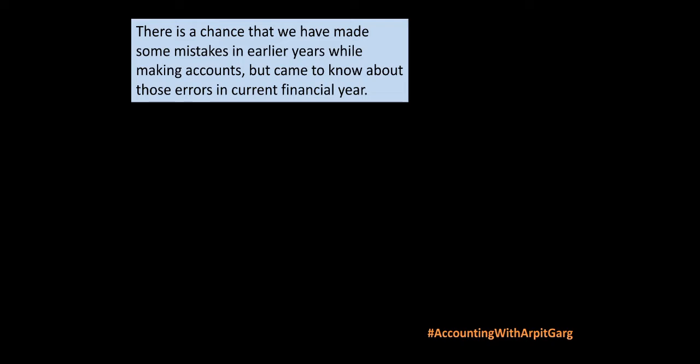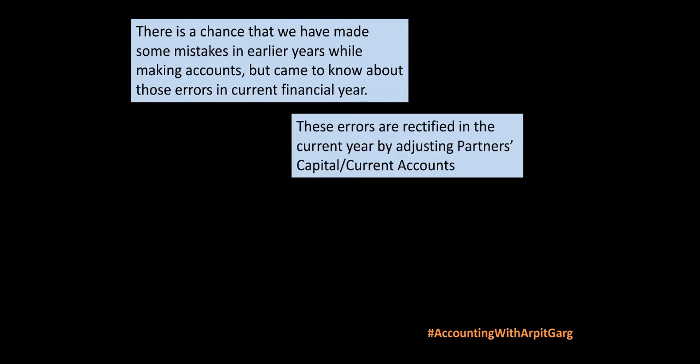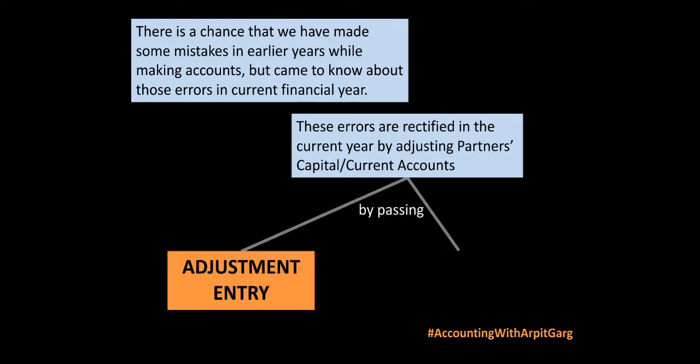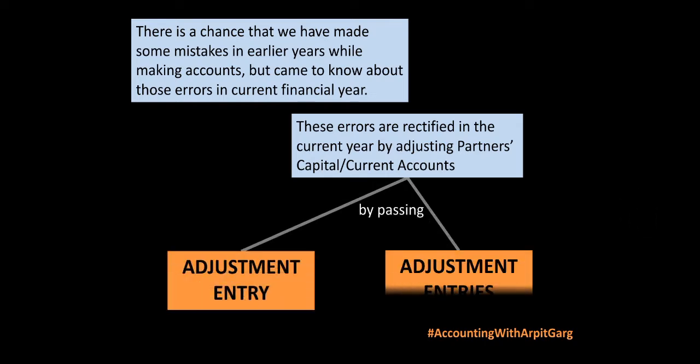Now, we cannot go back in those years and modify the accounts there. So, these errors are rectified in the current year by adjusting partners' capital or current account. This is done by passing an adjustment entry or adjustment entries.